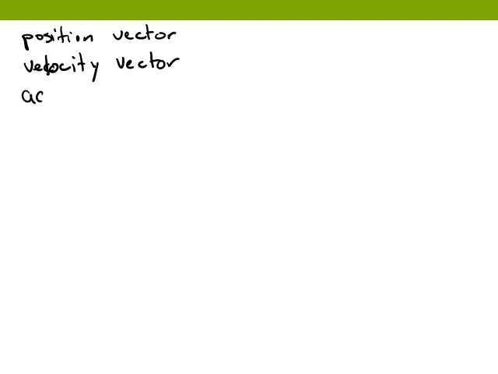At this point, you're ready to extend your knowledge of kinematics into 2 and 3 dimensions. You now know how to use the position vector. You now can turn that into a velocity vector, and you can calculate the acceleration vector.